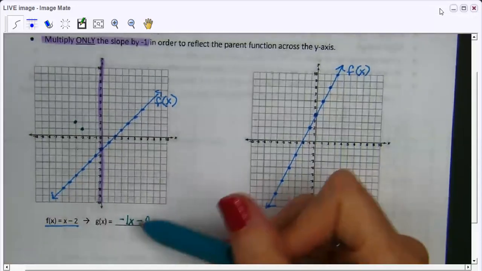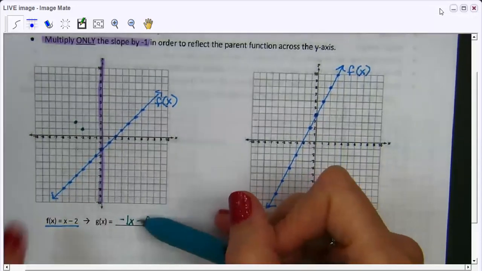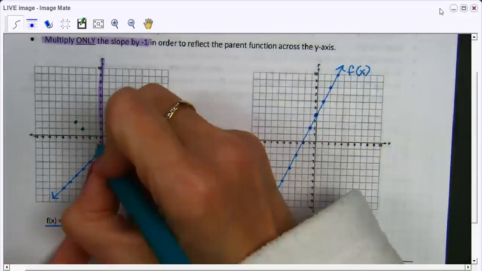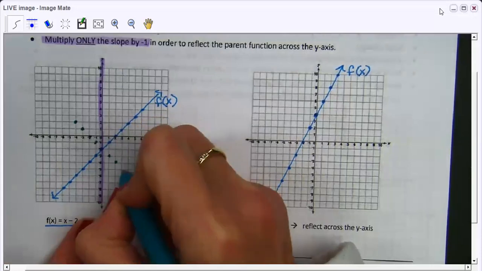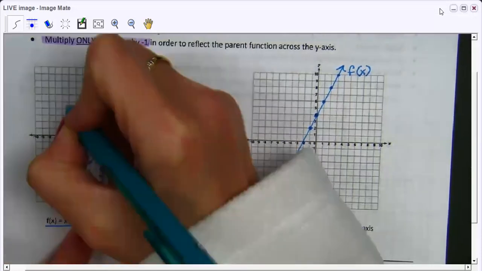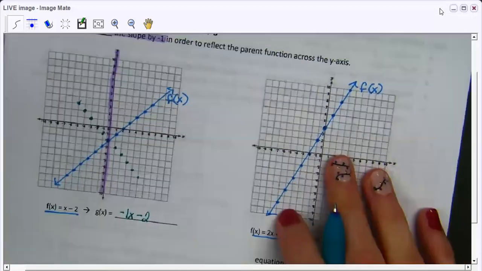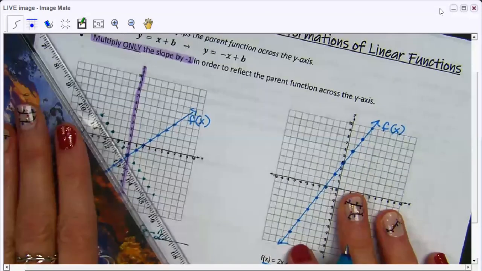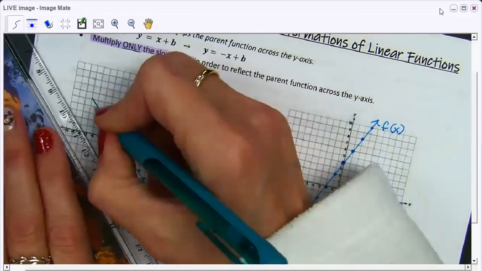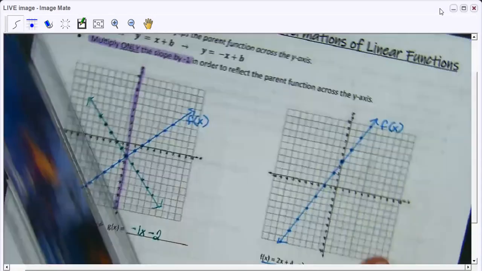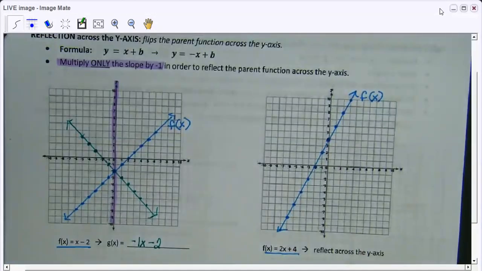So ultimately, I would just plot this right here and have a slope of negative 1. Any questions on that?